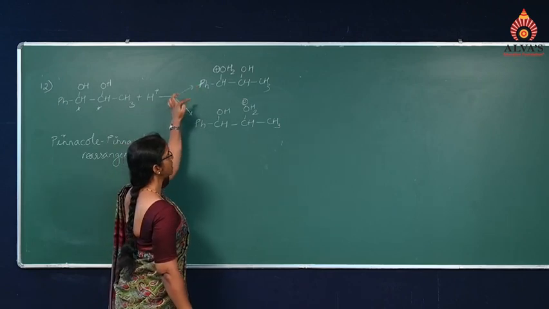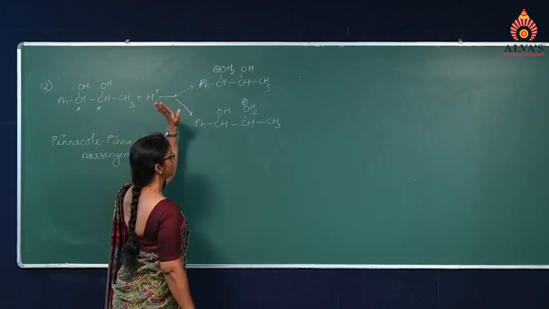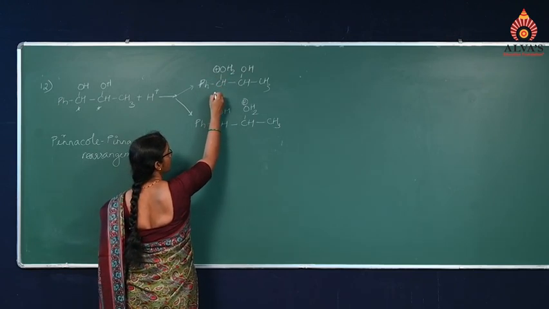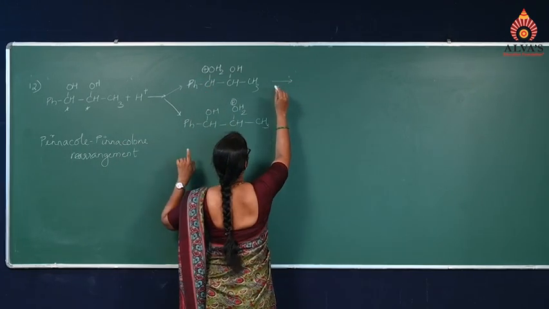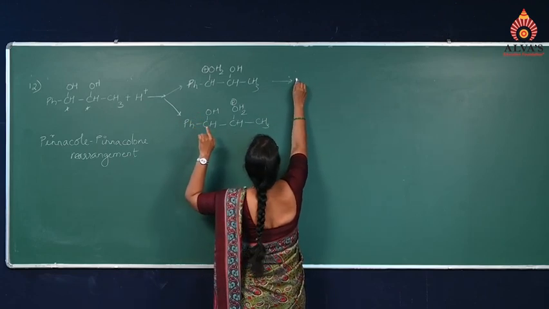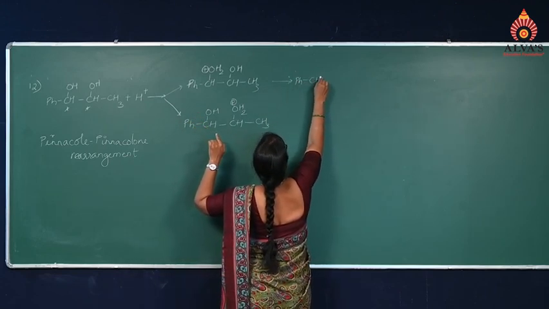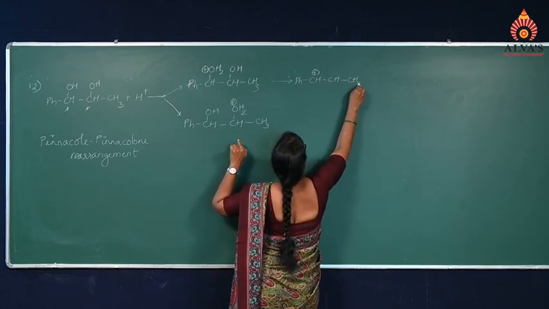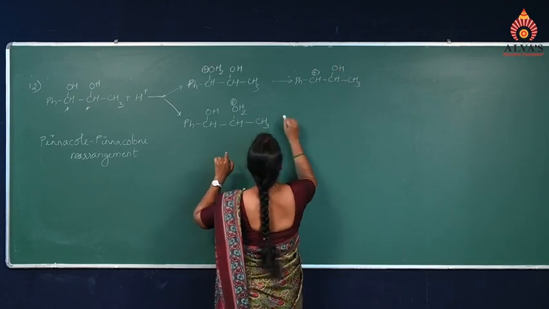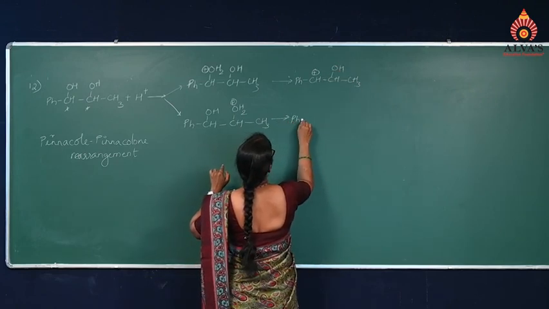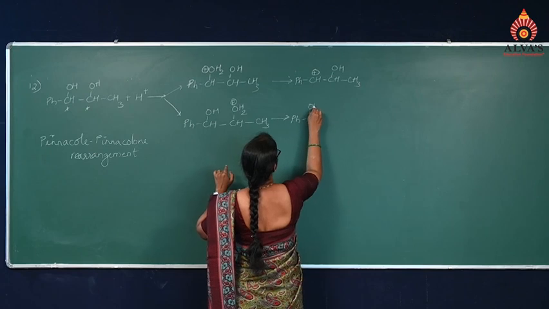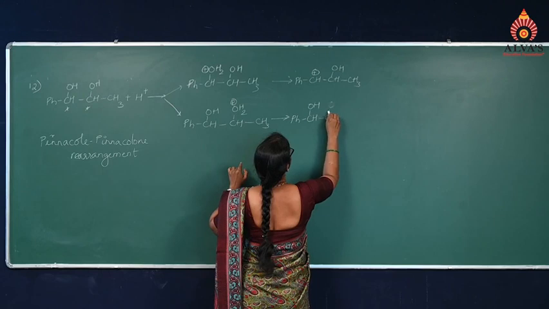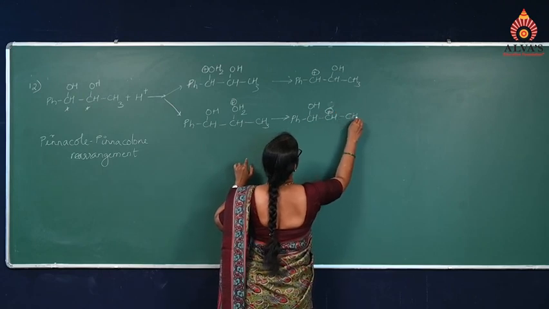So, if I think about the 2 choices, if this OH group is removed here, I have the possibility of a carbocation formed in this manner, PhCH+CH(OH)CH3, and the other one is PhCH(OH)CH+CH3.